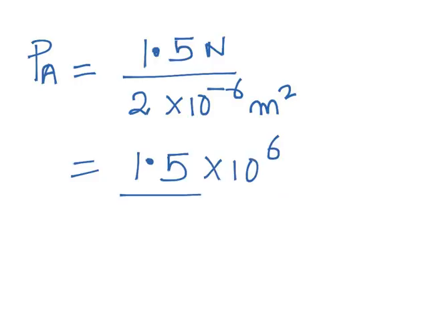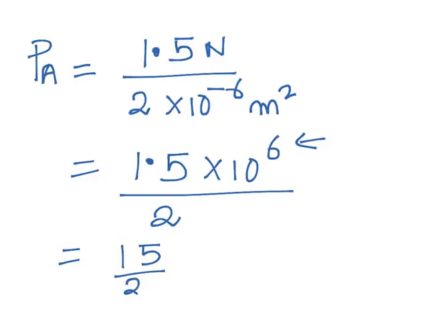Just the indices that you have learned. Now to make things easier, if I take one 10 out from this 10 to the power 6, like 10 into 10 to the power 5, and multiply that with 1.5, that is giving 15 by 2 into 10 to the power 5.